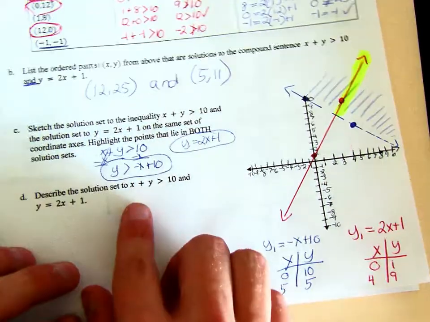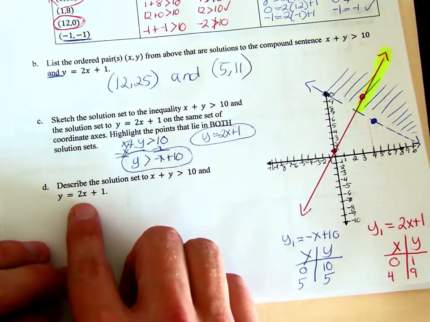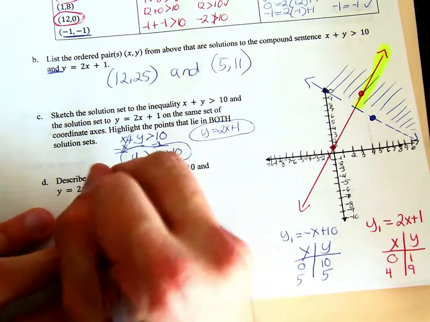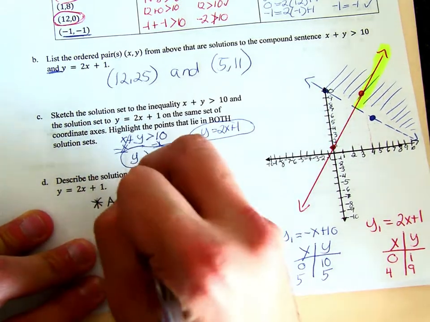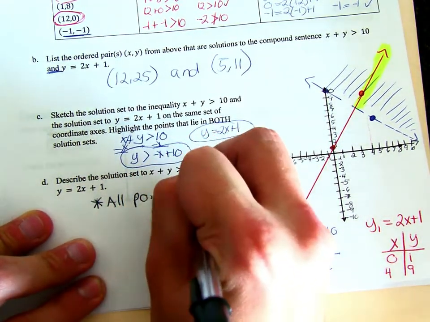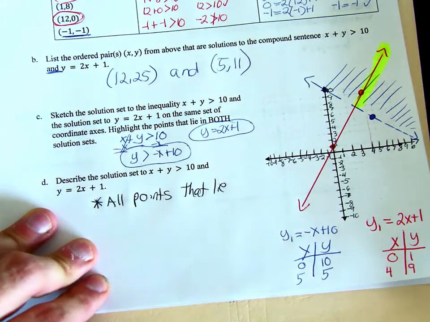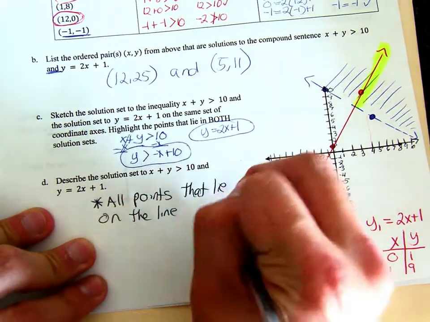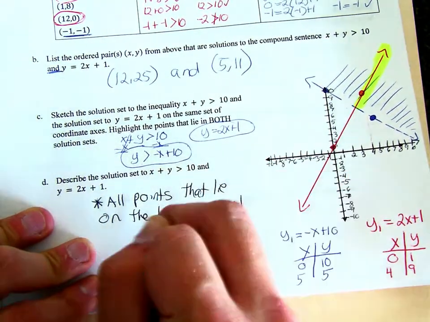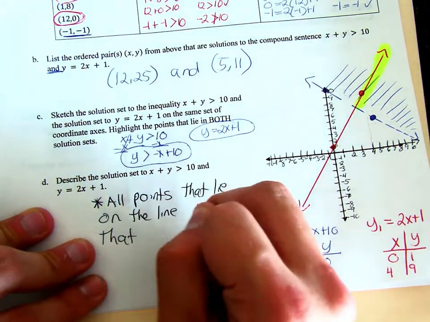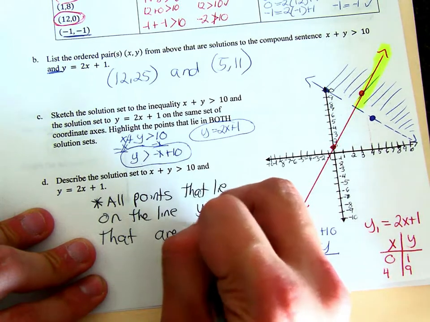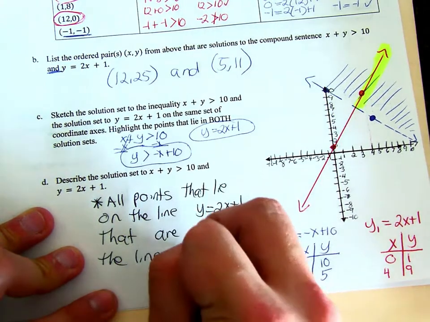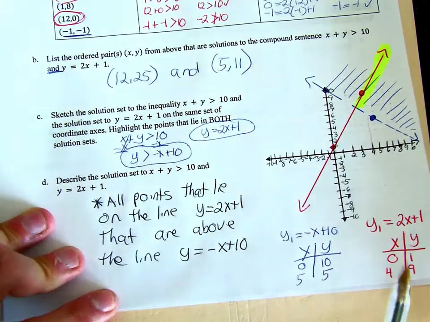They want us to describe the solution set to x plus y is greater than 10 and y is equal to 2x plus 1. Well, we just said it will be all of the points that lie on the line y is equal to 2x plus 1, but it's the ones that are also above the line y is equal to negative x plus 10.